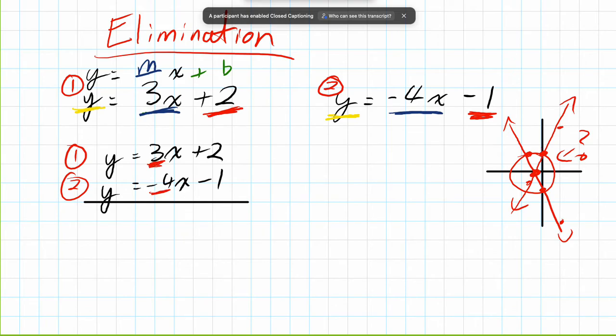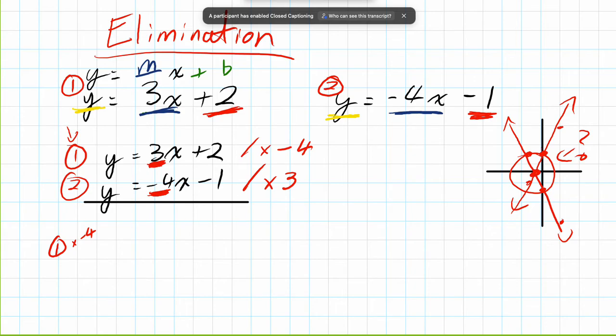So if the coefficient is 3 in equation 1, I'm going to multiply every term in equation 2 by 3. And if the coefficient in equation 2 is -4, I'm going to multiply every term in equation 1 by -4. All that's going to do is going to give me equation 1 times -4.